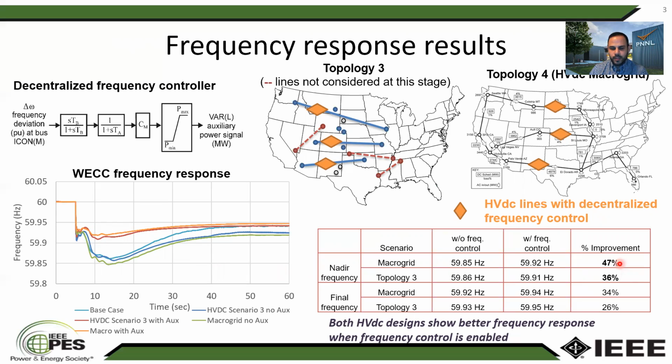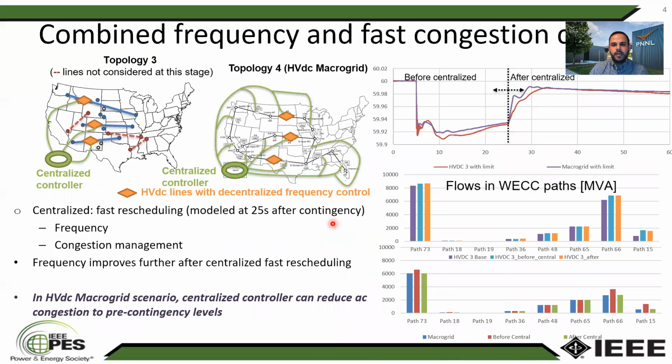And here in terms of numbers, we see the frequency nadir got improved by 47% in the case of the microgrid and 36% in the case of topology 3. So the conclusion is that both topologies can actually contribute significantly to improving the frequency response.